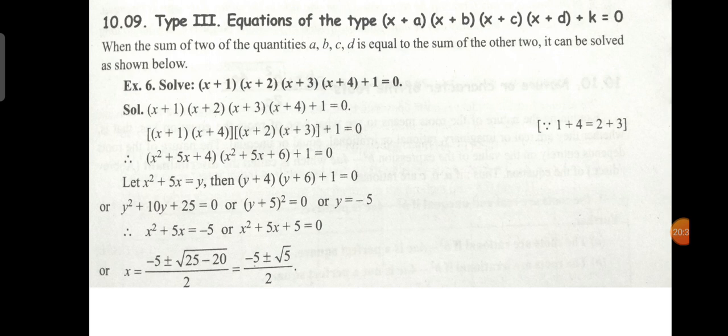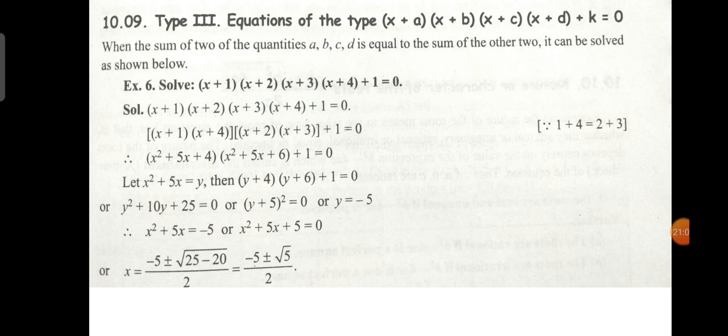Then you substitute x square plus 5x as y, then (y plus 4) into (y plus 6) plus 1 equal to 0. Then it is y square plus 10y plus 25 equal to 0. That is (y plus 5) the whole square equals 0. Then y equals minus 5.